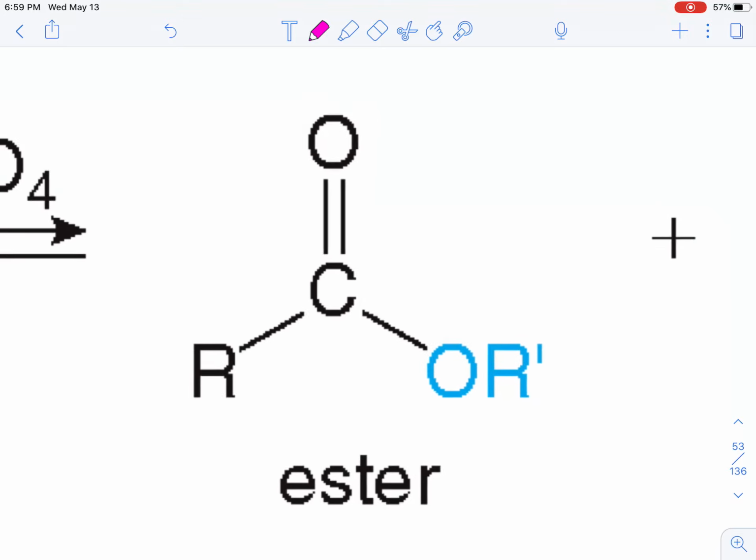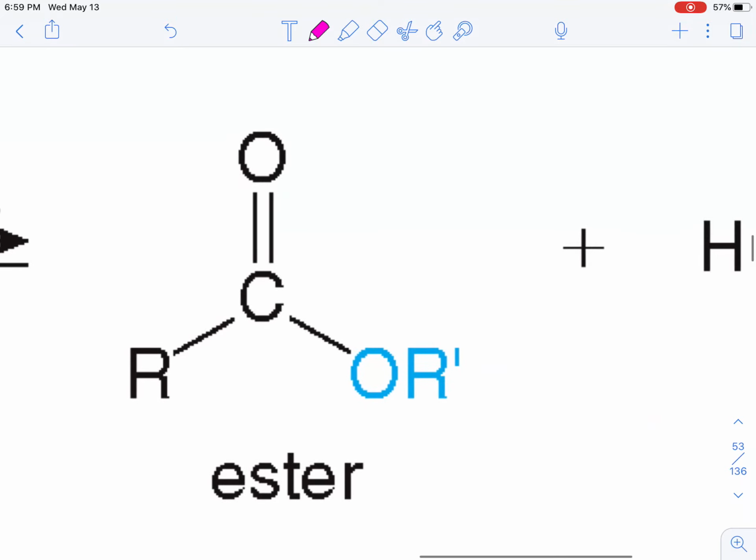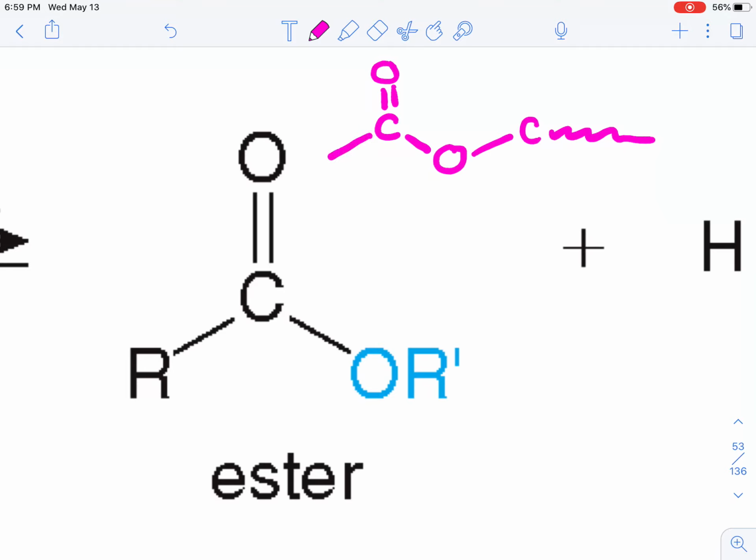What we're looking for with respect to esters is a carbonyl group such that it is covalently bonded to an oxygen, which is covalently bonded to another carbon chain, whatever this carbon chain is. And on the left-hand side, the carbonyl carbon is going to be covalently bonded to another carbon that's connected to another alkyl chain.